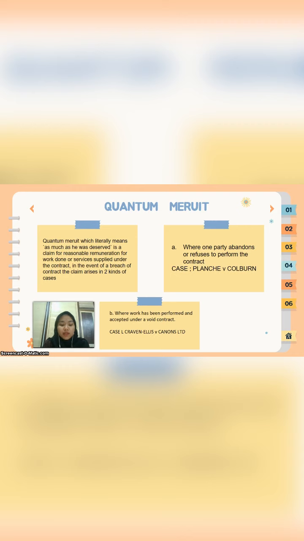For the next one, where work has been performed and accepted under a void contract, I will give the example of the case Craven-Ellis versus Canons. P was employed as managing director of Canons under a contract which provided for a salary.